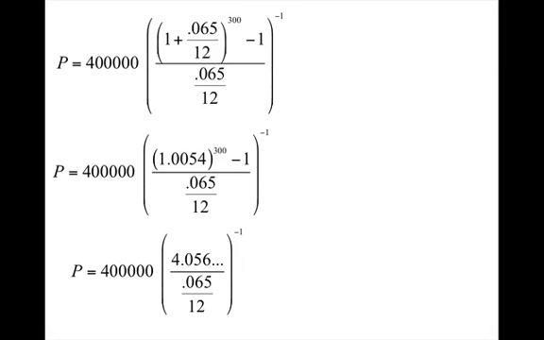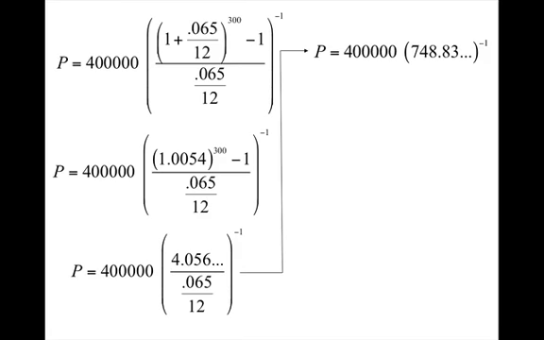And then when I subtracted 1, I got 4.056, and that decimal continued on. Next, divide by the 0.065 divided by 12. And remember, that's the step you have to use your parentheses. When I did that, I got 748.83.